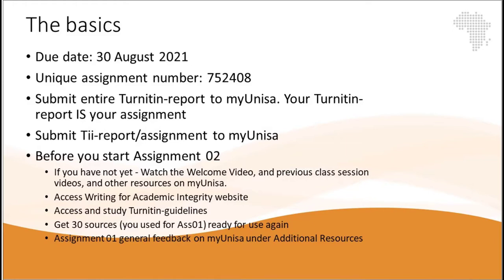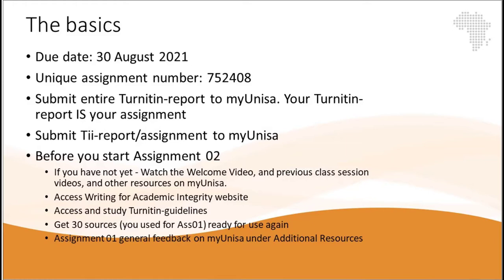Also access the academic writing tab on the left hand side on MyUnisa if you haven't done so yet. Visit the Writing for Academic Integrity website. There's a link in your 101, also at the end of this video that will be on the screen.